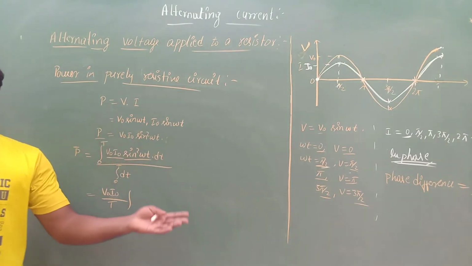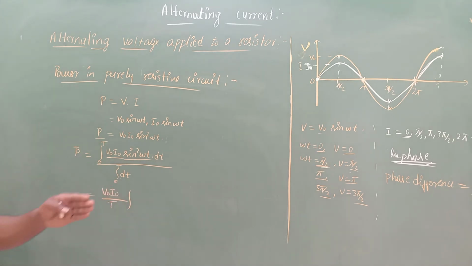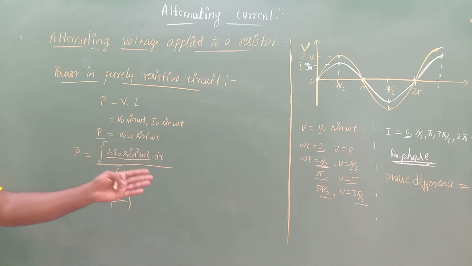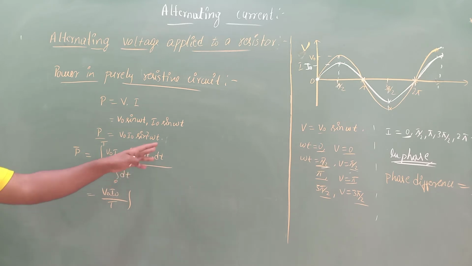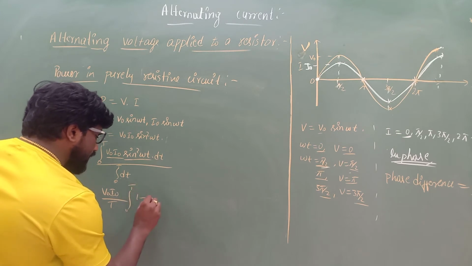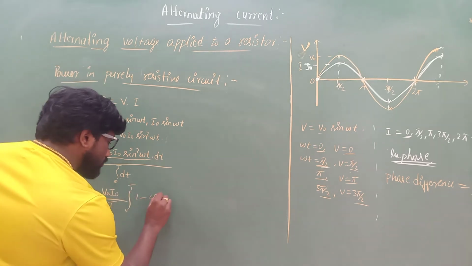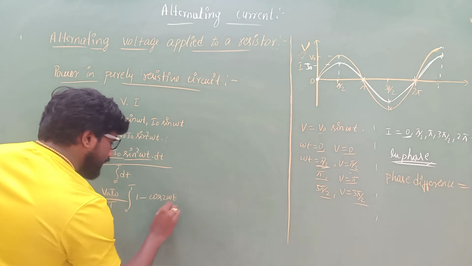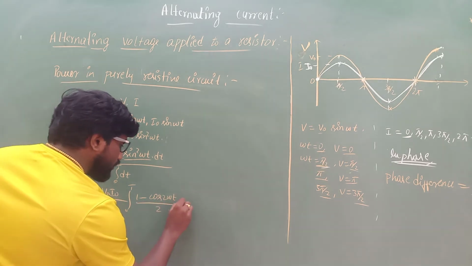In the previous concept we discussed it in terms of sine square. If you want to do the integration, you have to use some trigonometric formulas and write it in terms of sine or cos. So there we can write it as the integration from 0 to T of (1 minus cos 2 omega t) divided by 2 into dt.